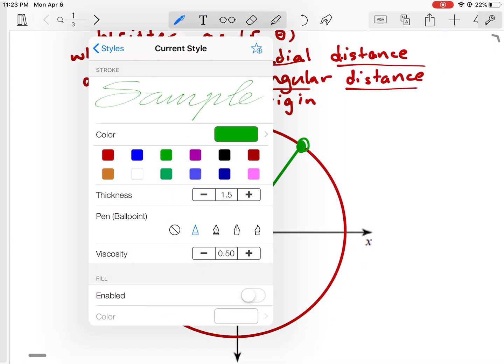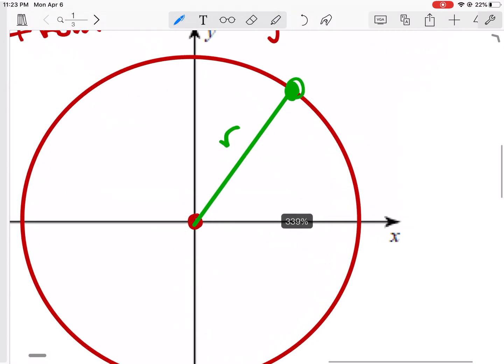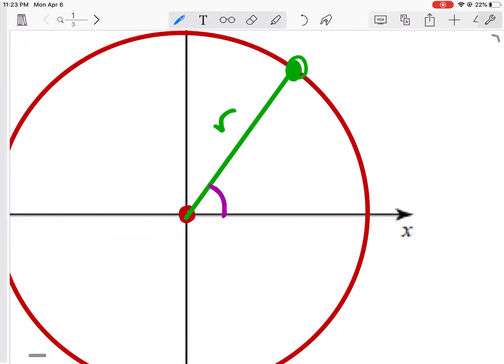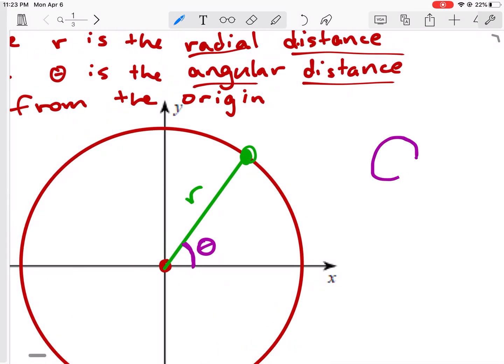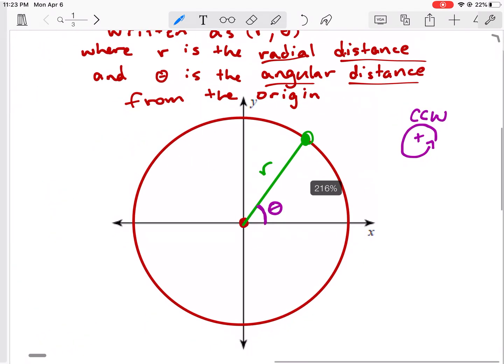Whereas theta, or angle, is formed with the horizontal axis. We go counterclockwise. So the positive direction is counterclockwise. So oftentimes you'll see that written like this. Counterclockwise rotation is positive. CCW, counterclockwise.